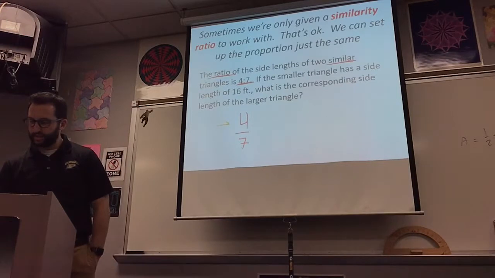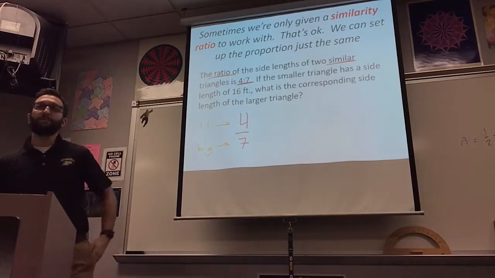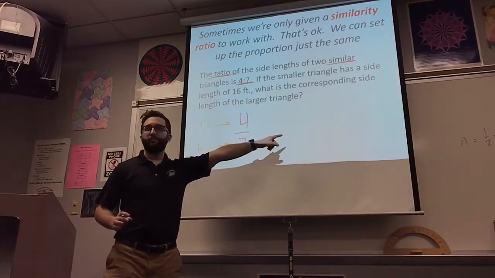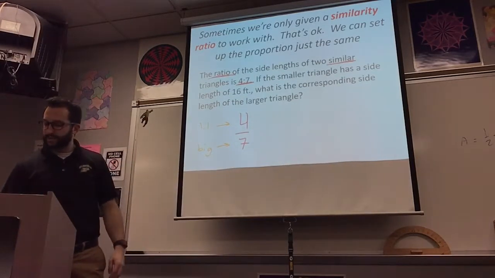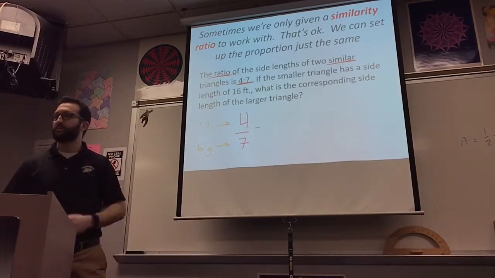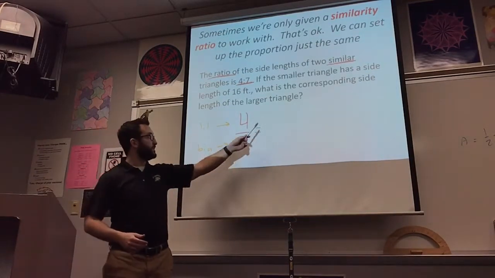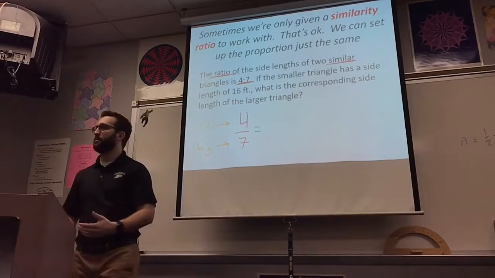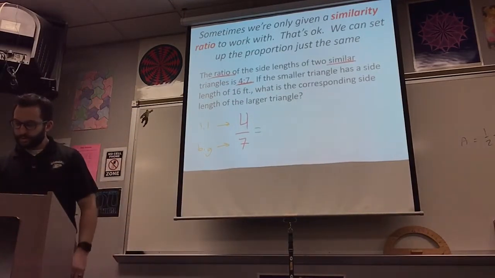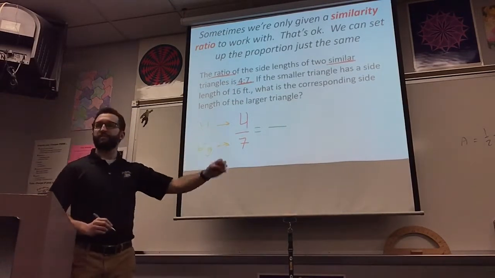Okay, so this one's the little, and this one is the big. So that means when we set up our other fraction, our other comparison, how should we set it up? What do we need to make sure about our other fraction? Little over big.